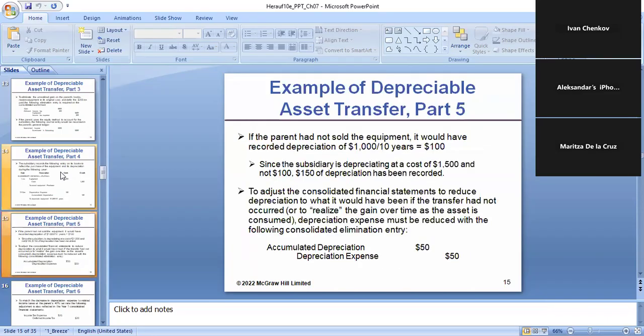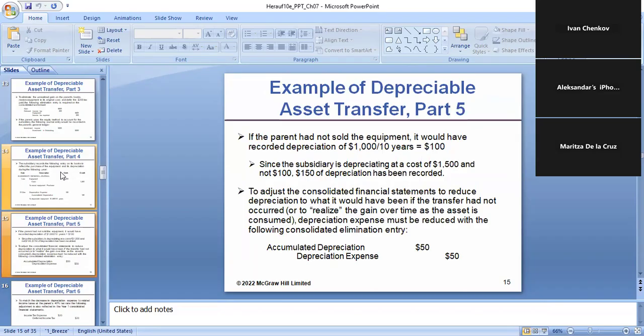Now, for consolidation purposes, if the parent had not sold the equipment, they would only record $100 depreciation. For that reason, when we're doing the consolidated financial statements, we're going to remove the extra $50 that the subsidiary is recording as depreciation expense.